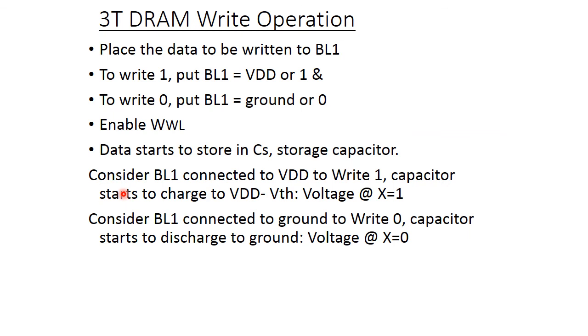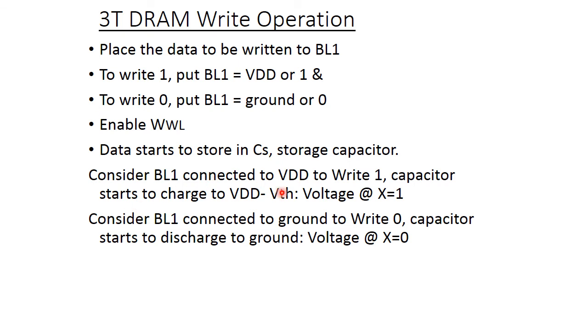That is the summary of the write operation in 3T DRAM. Place the data to be written on BL1. To write 1, put BL1 equal to VDD or 1, and to write 0, put BL1 equal to ground or 0. Then enable the WWL, that is the write word line. Data starts to store in the storage capacitor.